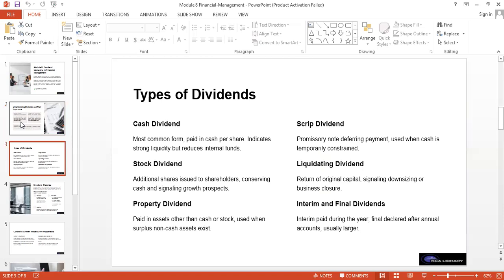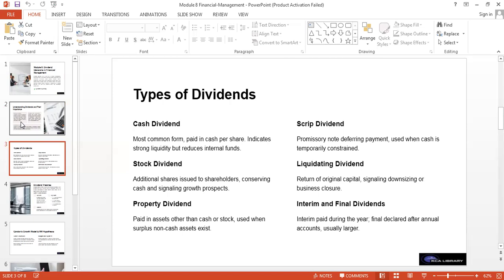What are the types of dividend that we have? We have the cash dividend, which is the most common form and is paid in cash per share. It indicates strong liquidity but reduces internal funds. We also have the stock dividend, which is additional shares issued to shareholders, conserving cash and signaling growth prospects. We also have the property dividend, paid in assets other than cash or stock, used when surplus non-cash assets exist.